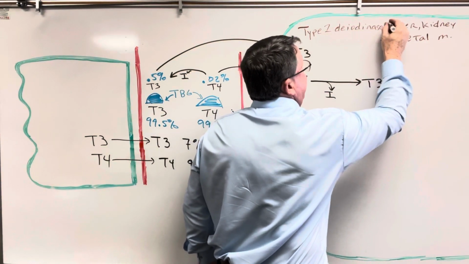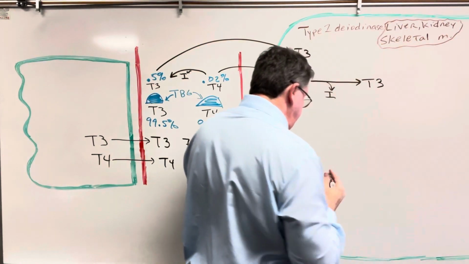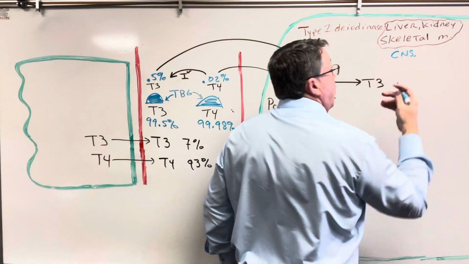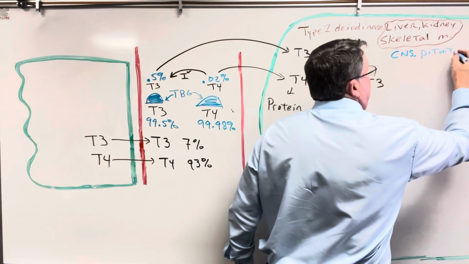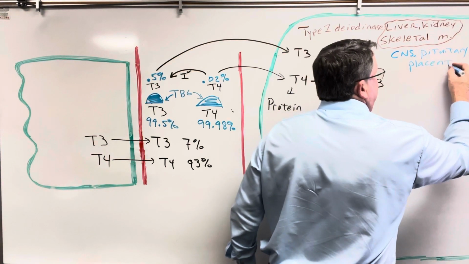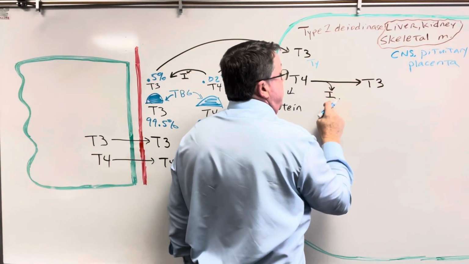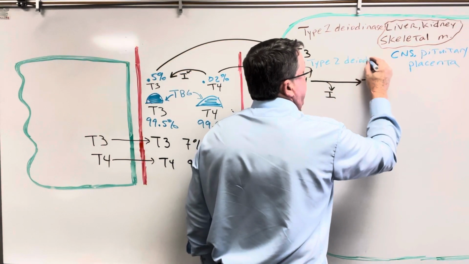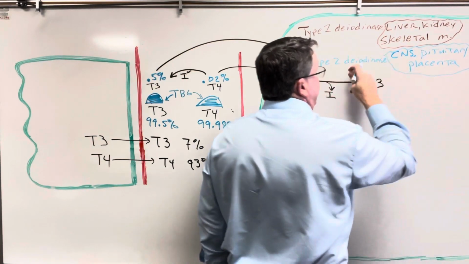Now, if this is inside the CNS, the central nervous system, or inside the pituitary gland, or if it is in the placenta in a developing fetus, I will have a type 2 deiodinase, which is going to remove this iodine. If it's in here, it'll be a type 2 deiodinase.